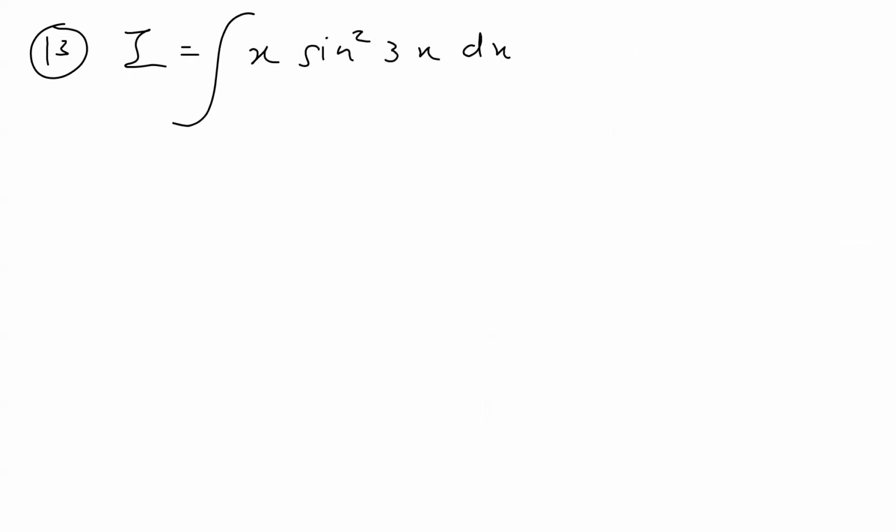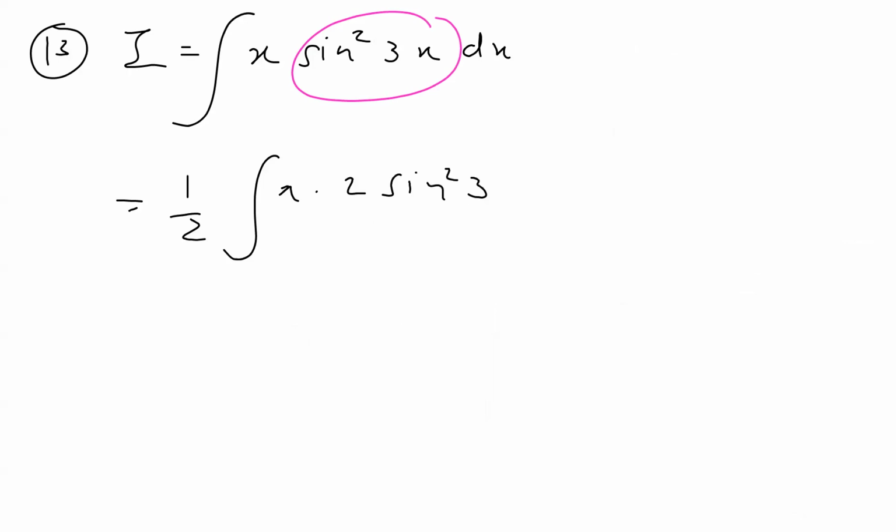Question number 13, a very interesting problem, I should say. Okay, so x sine square 3x. Now in Indef 1, we have already learned that whenever there is sine square or cos square, we have to multiply and divide by 2. So that is very essential over here. So multiply and divide by 2, in case of sine square and cos square.